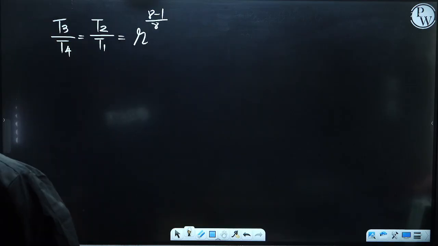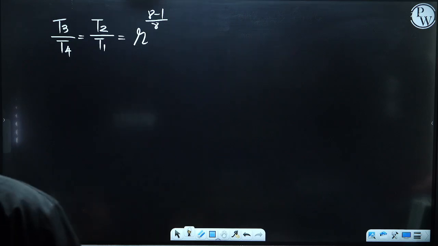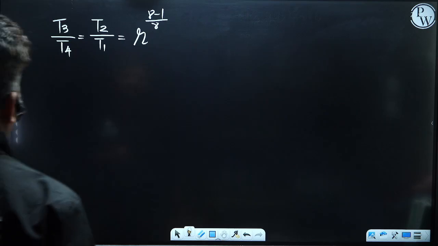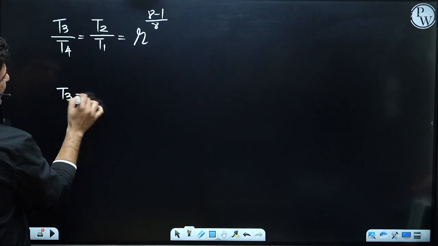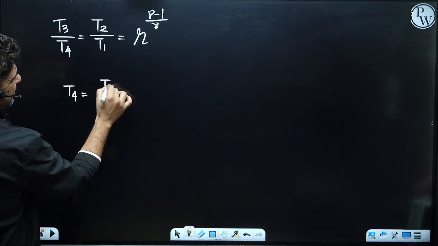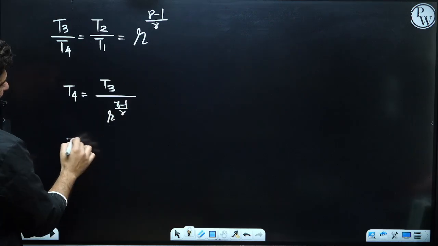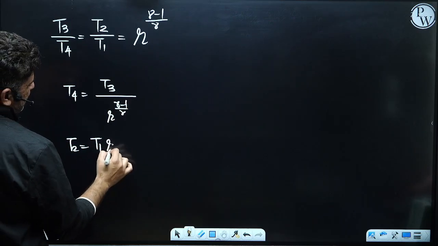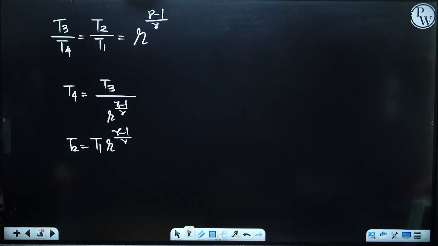This is one of the most powerful relations that we see. So from here, T4 is written as T3 divided by r to the power (gamma minus 1) over gamma, and T2 is written as T1 times r to the power (gamma minus 1) over gamma. Is it clear? Okay, I hope everybody understood.